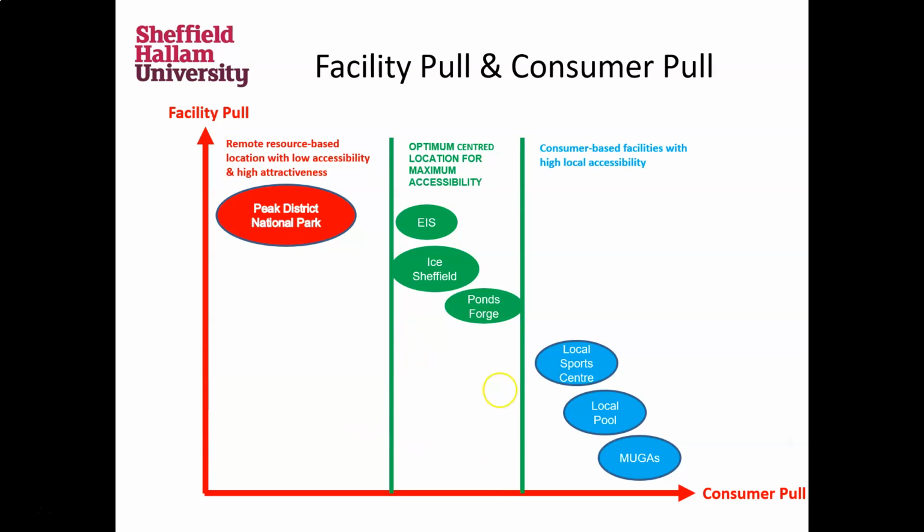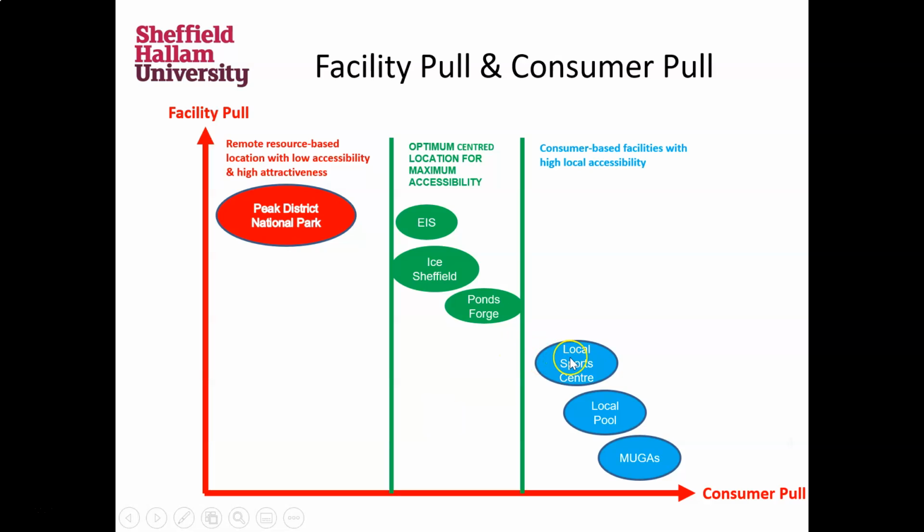If you don't know what MUGAs are, multi-use games areas. So the local five-a-side, basketball, multi-goal provision which you see around. So it's the sports equivalent of a playground. And these kinds of facilities probably exert a lower facility pull.